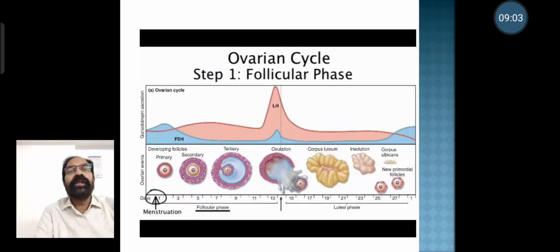So the picture showing the ovarian follicles. Starting from primary, it becomes secondary, then tertiary, then there is ovulation. Ovulation is followed by corpus luteum formation, then involution, and albicans is formed.